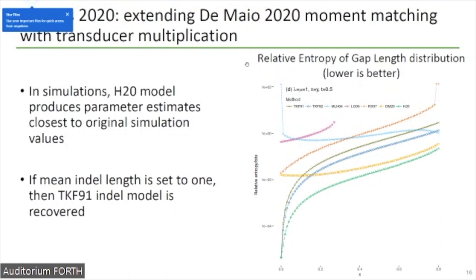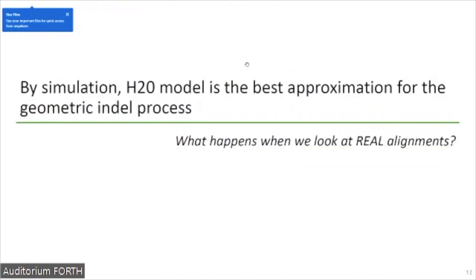You can also see that if we set the mean indel length to 1, which is to assume that we have these instantaneous insertions that are only of length 1, then the TKF91 indel model is exactly recovered, which is a great sanity check. So by simulation, we see that the H20 model is the best approximation for the geometric Indel process.